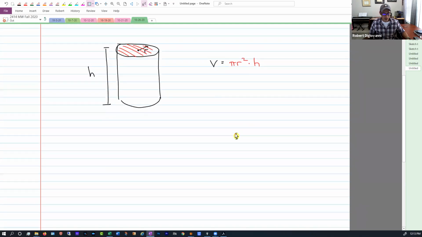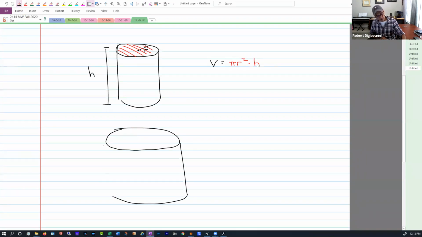Okay, the next thing I want us to be okay with is if we have a right cylinder with a certain height, and what we do is we drill out the center of this. Okay, so like we come in and we drill through that and we remove some of the volume.